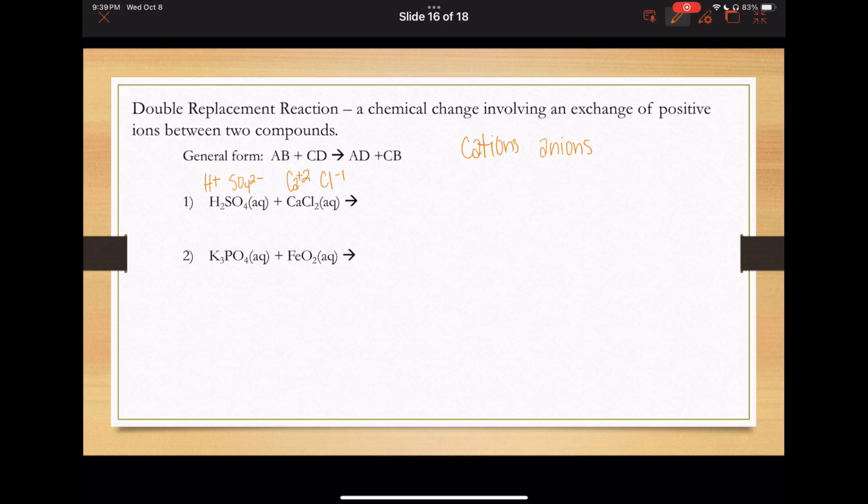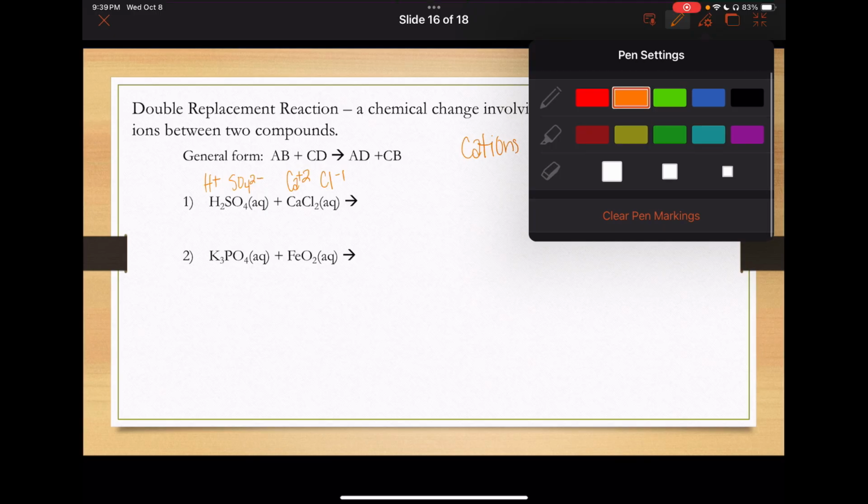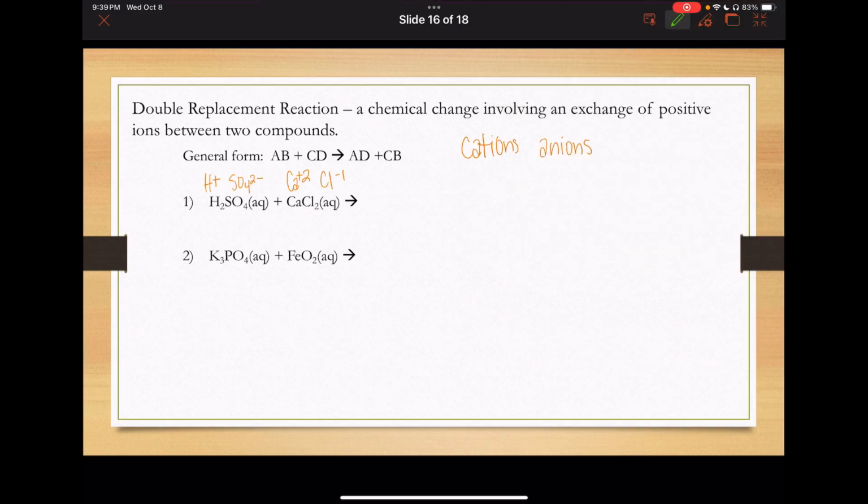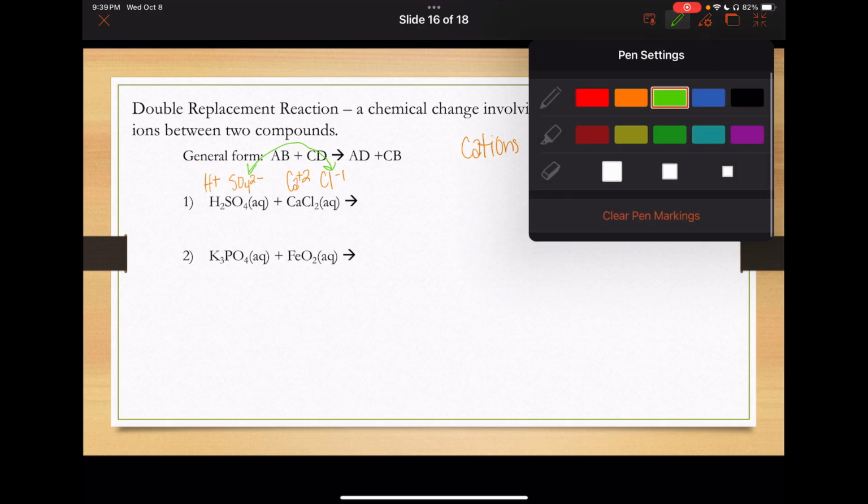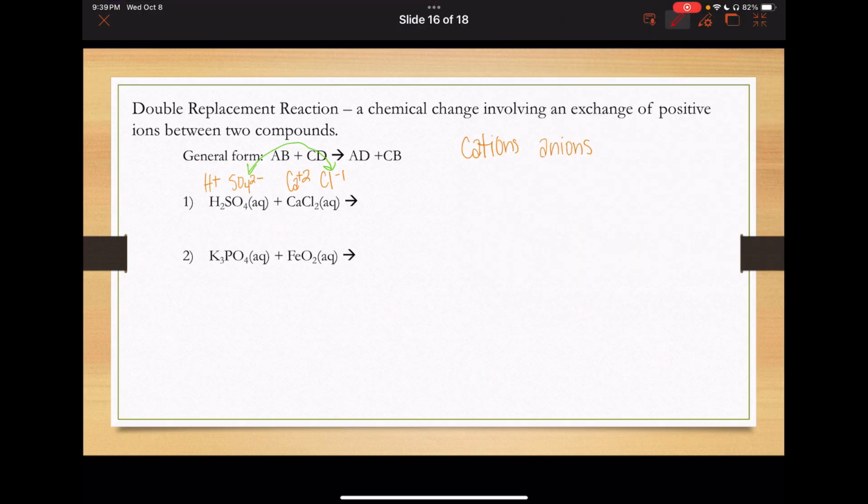Which means that I always swap the anions. It doesn't matter which two you swap in terms of swapping the cations or the anions. I always swap what's second because it makes the most sense to me. So I'm going to swap the SO4 and the Cl minus. So when I do that, it's going to become H plus and Cl minus.